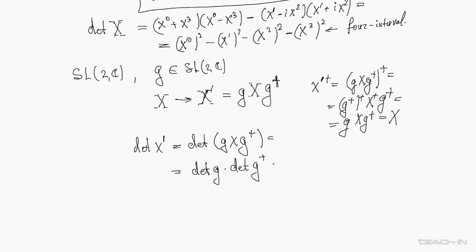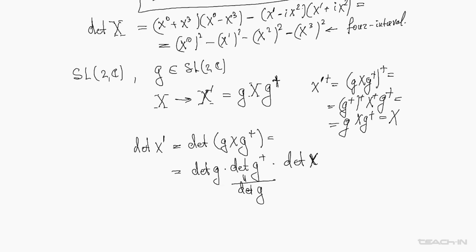Determinant of G dagger is determinant of G transpose, but determinant under transposition does not change, and then conjugate. But since we are talking about special linear group, determinant of G is equal to 1 by the definition of what we call special linear group. This is a group of 2x2 complex matrices with a unit determinant.